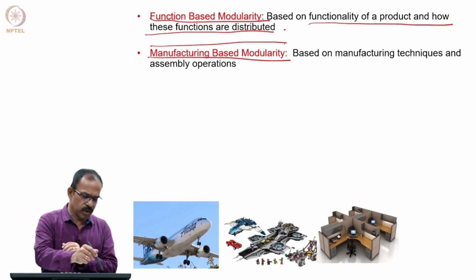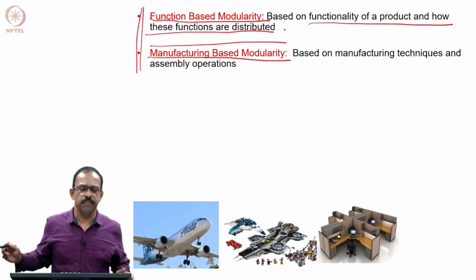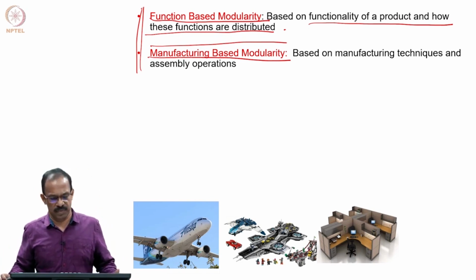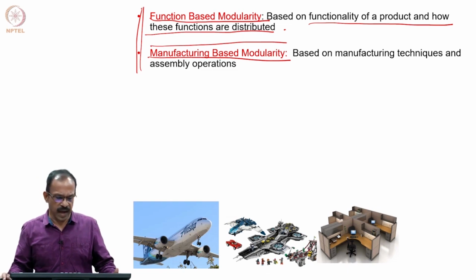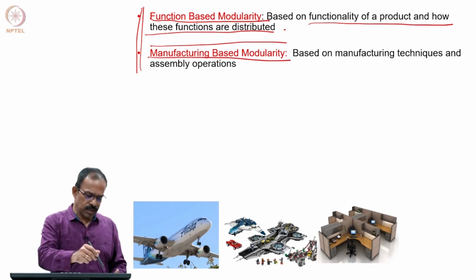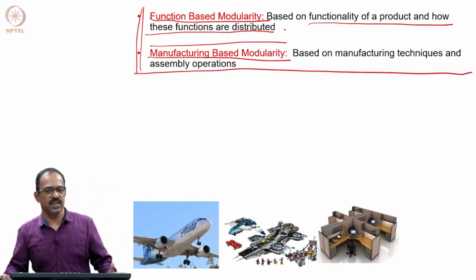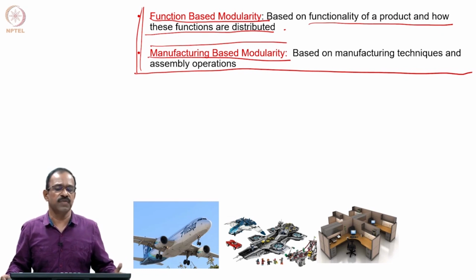So, these are the two kinds of modularities normally employed in product architecture, the function based modularity and manufacturing based modularity. Now, if you look at modular architectures, there are different ways in which this modularity can be achieved in the product.